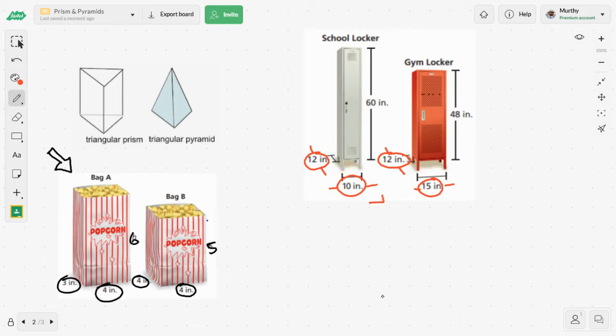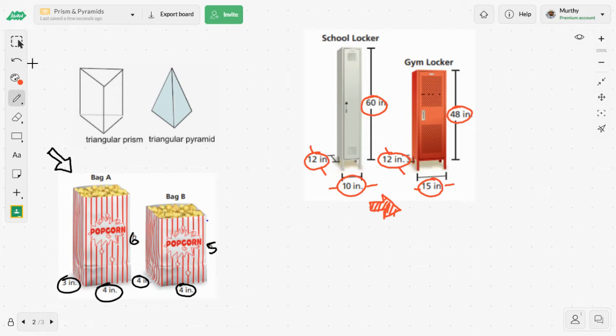The gym lockers are wider as compared to the school lockers. And when it comes to height, the school locker is 60 and this one is 48. Why this is so, we will explore in the next part.